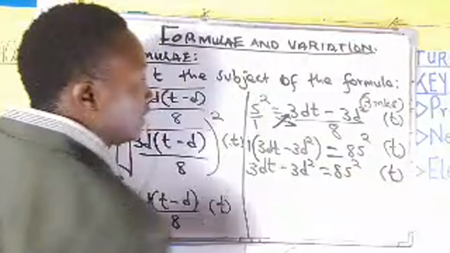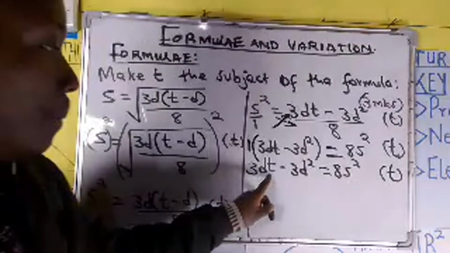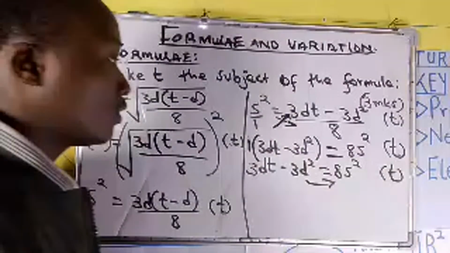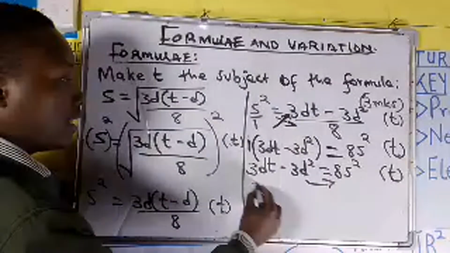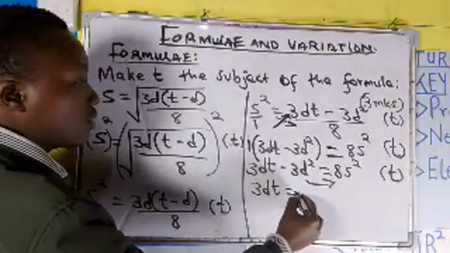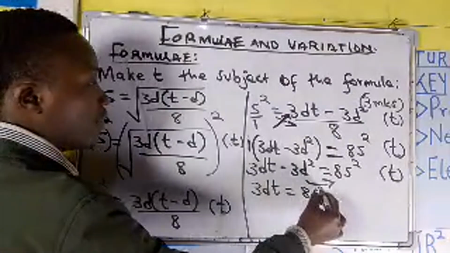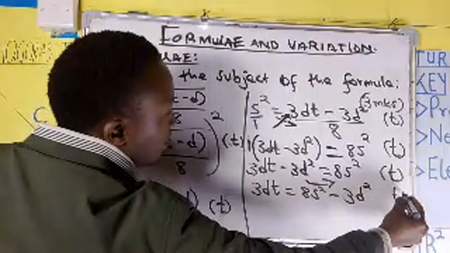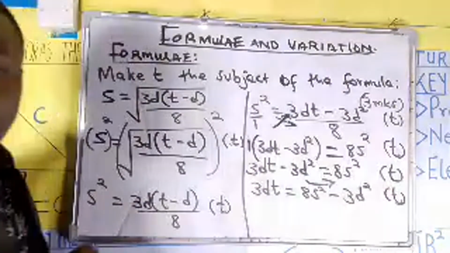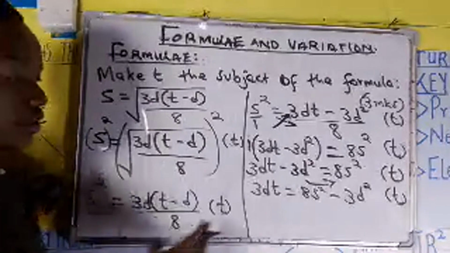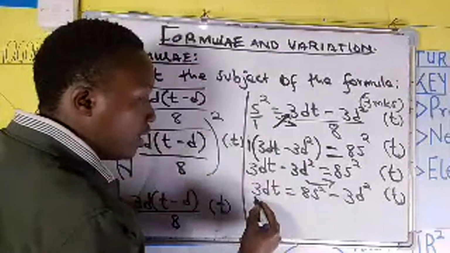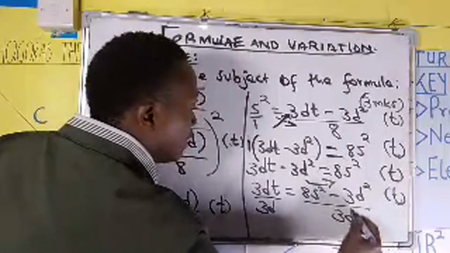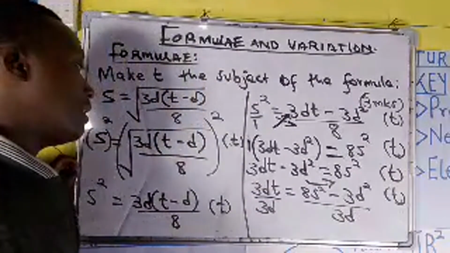Remember, we are making t the subject. So t is here, and everything else we take to the other side. What are we left with? 3dt is equal to 8s squared minus 3d squared. Because we want to be left with t on this side, we divide both sides by 3d.